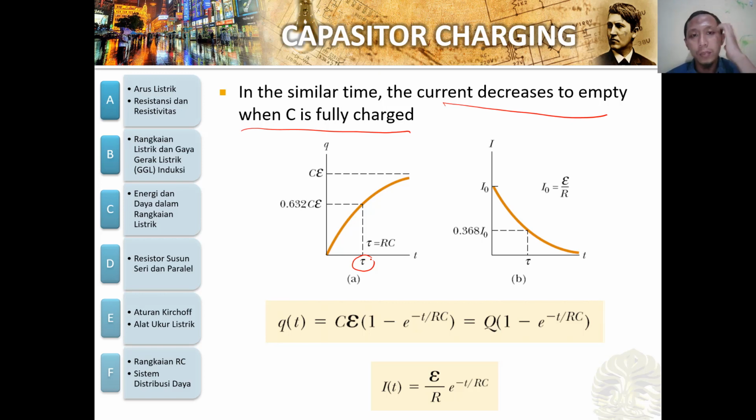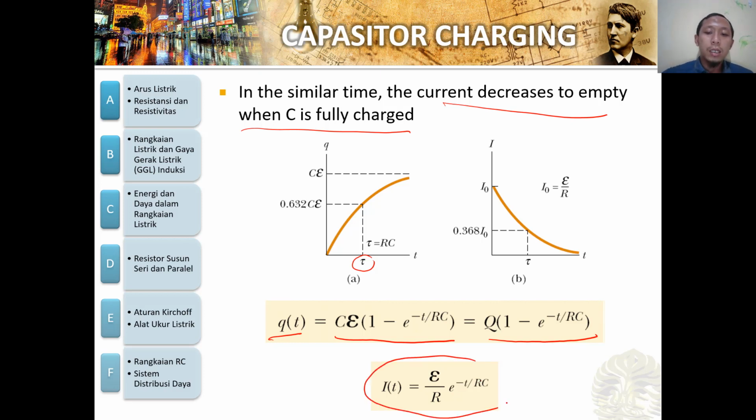If we want to know the maximum charge of the capacitor, we have to calculate by using these equations. So Q, the charge in the capacitor, is CE multiplied by 1 minus e to the power minus t per RC. So CE is equal to Q, so we have these ones. And then I is equal to E per R times e to the power minus t per RC.